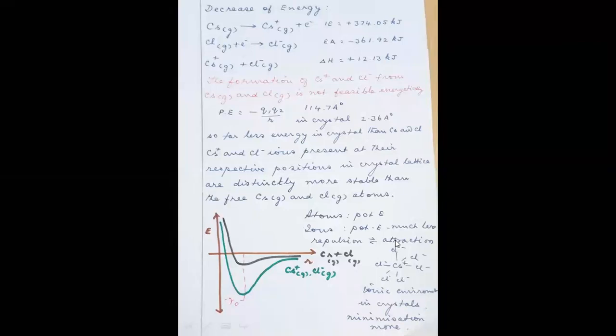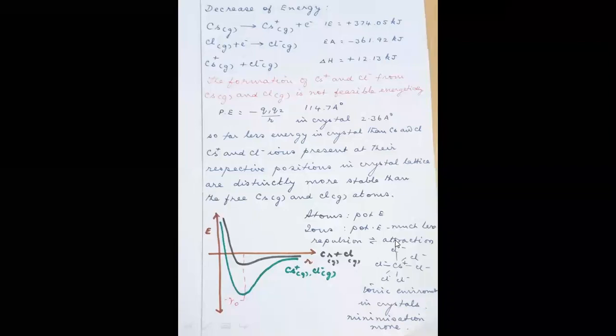As long as they are far away, there exists an attractive force. This attractive force is because the nucleus of one atom attracts the electronic cloud of the other atom, and the nucleus of the other atom attracts the electronic cloud of this particular atom. And because of that, attraction predominates when the atoms are separated at a far distance.